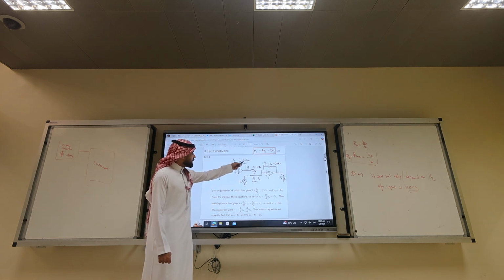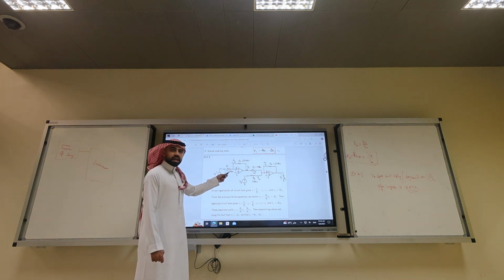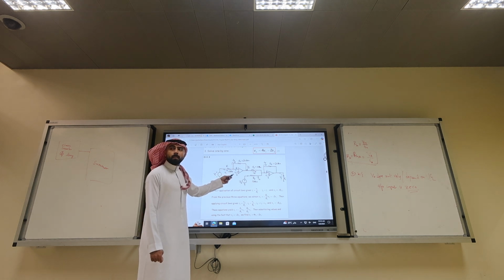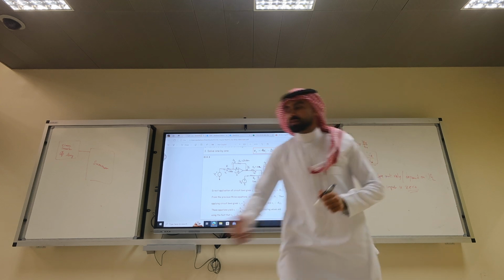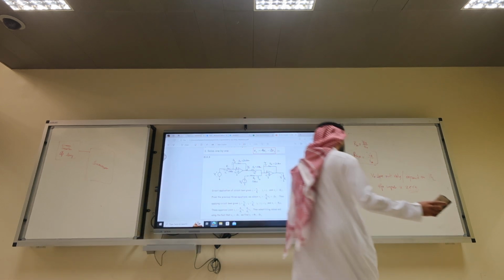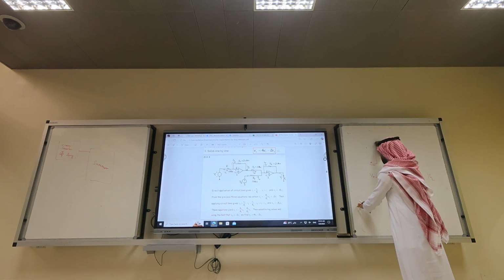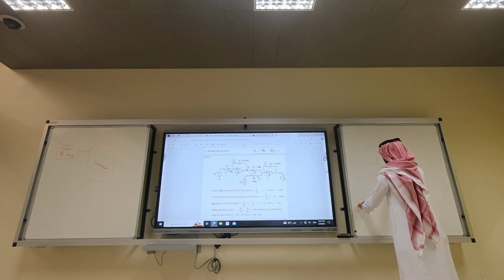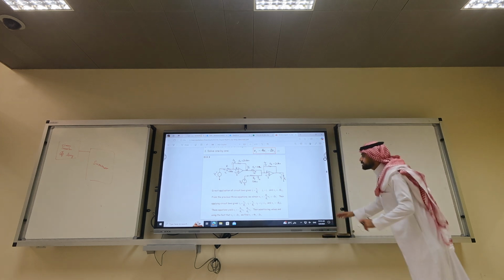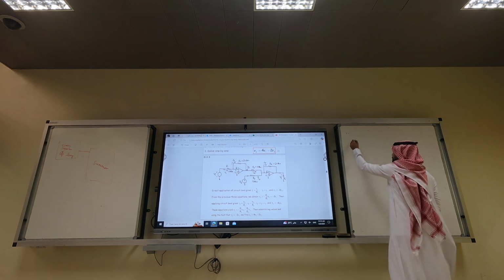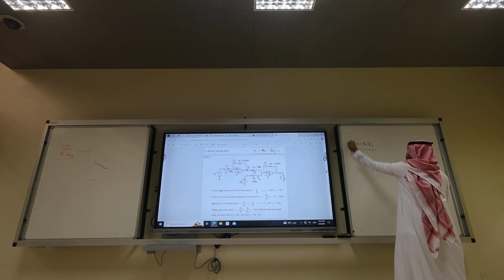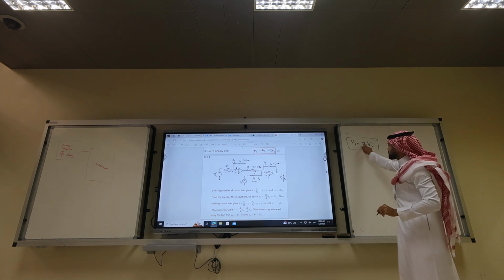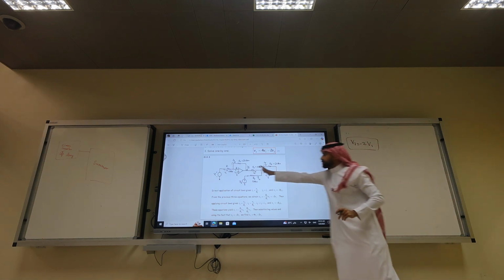R2 is 20K over 10K, which is minus 2. So V3 is minus 2 times V1, because this minus 2 is minus R2 over R1.